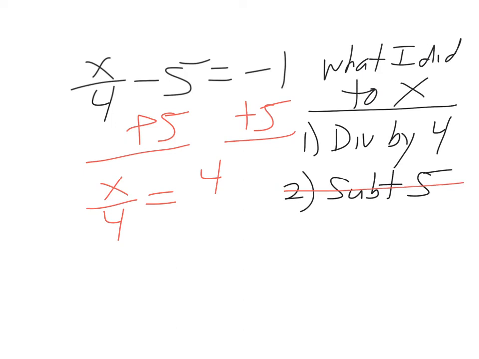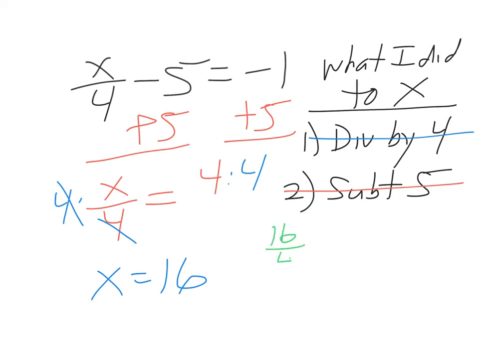So now I'm going to undo divided by 4. And how do I undo a dividing by 4? Yes, you multiply both sides by 4. And when you do that, the 4's will cancel out to give me x, and 4 times 4 is 16. Done.